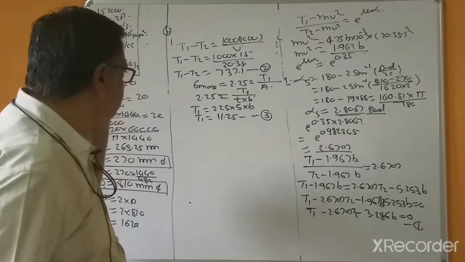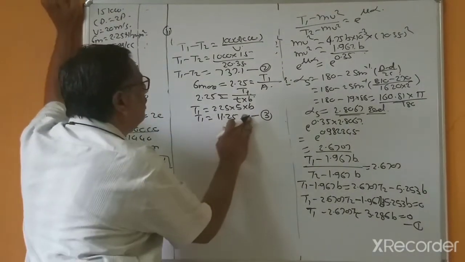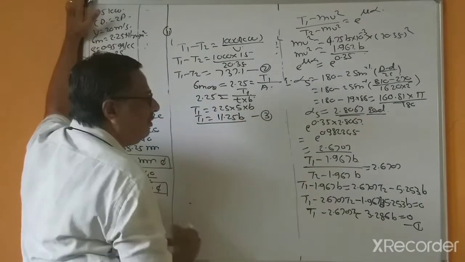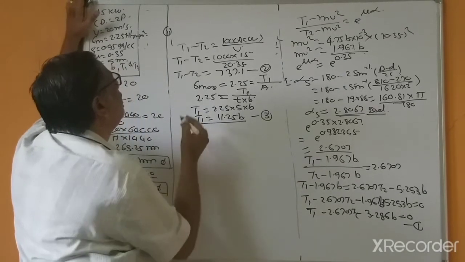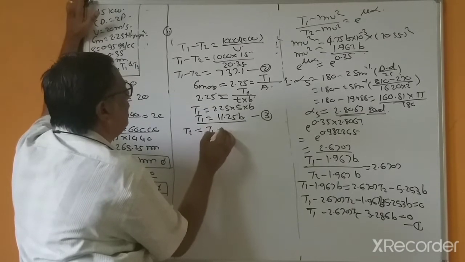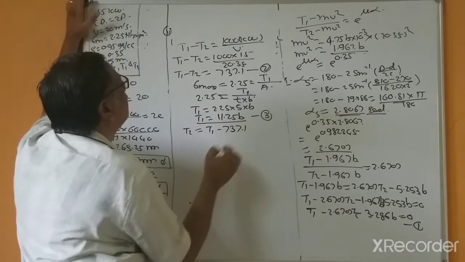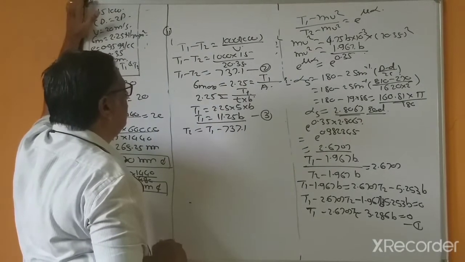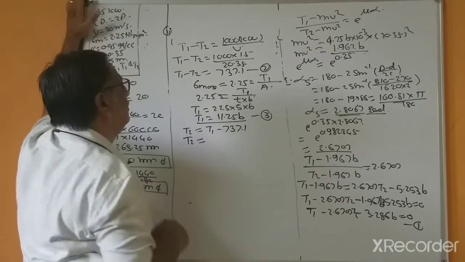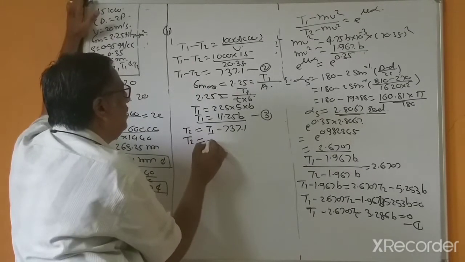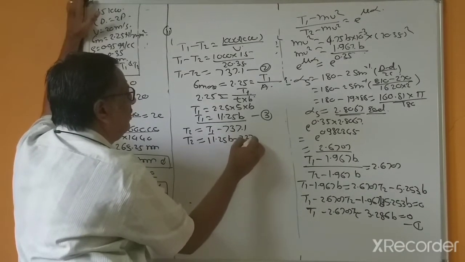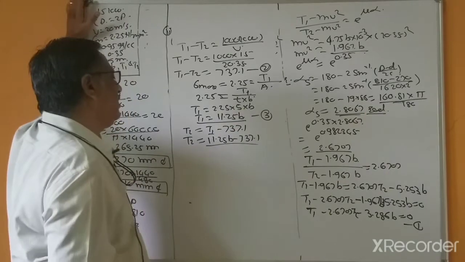Now we have to put all values in one equation. T1 is in the form of B. T2 equals T1 minus 737.1, because T2 goes to the right hand side, so T2 equals 11.25 B minus 737.1. This is the fourth equation.